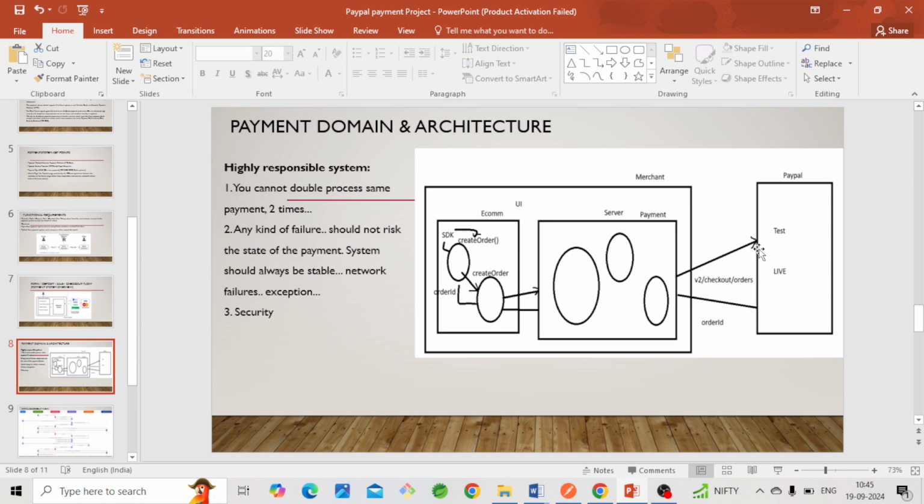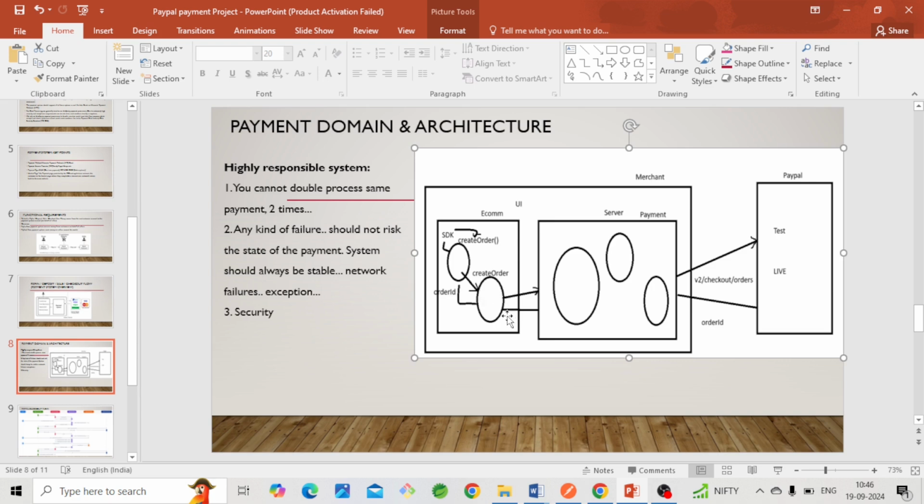Then the customer is redirected to the hosted page and completes the payment. Whether success or failure, that response is sent back from PayPal to the payment system, and through these three microservices it communicates with the backend servers of the e-commerce client.